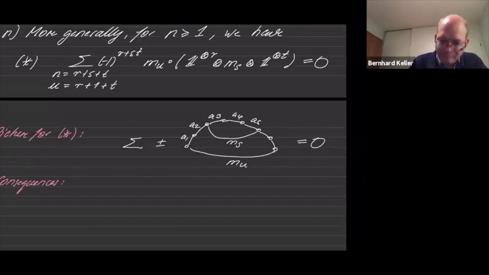So we get the following consequences. First of all, if we look at A together with M2, it's an algebra, but not an associative algebra.